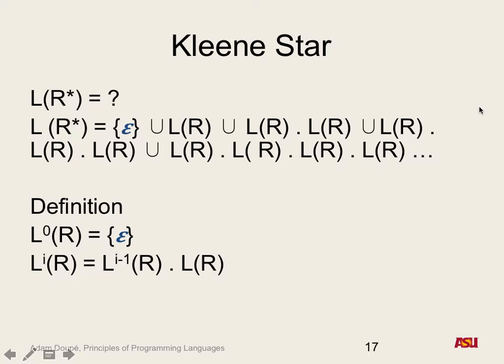That L2 would be L(R) concatenated with L(R), and then concatenated with the set containing epsilon, but what's that going to be? Yeah, the empty string. When we concatenate with the empty string, we don't have to do that. And so we can define L(R star) as the union for all i greater than or equal to 0 of Li(R). So should this change the way you think about the R star operator?